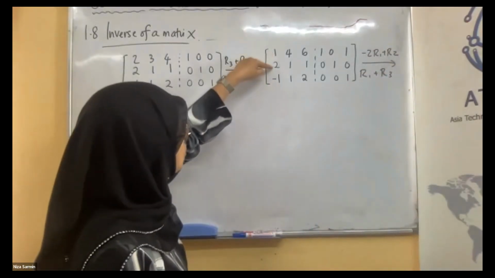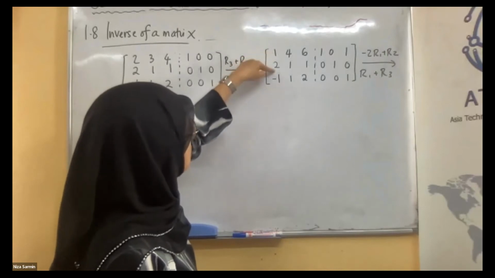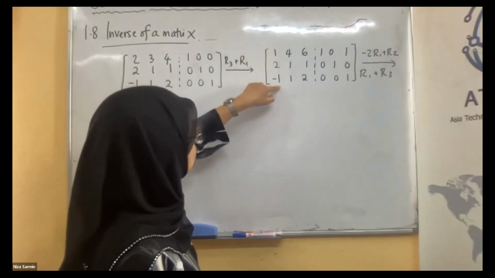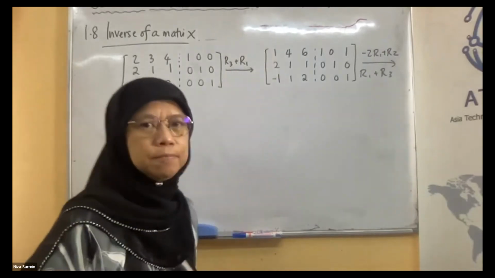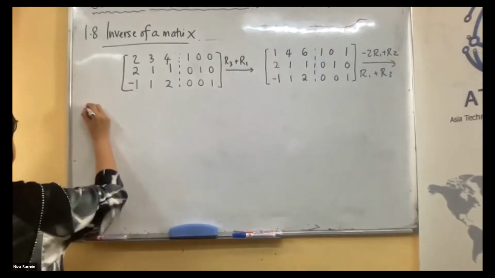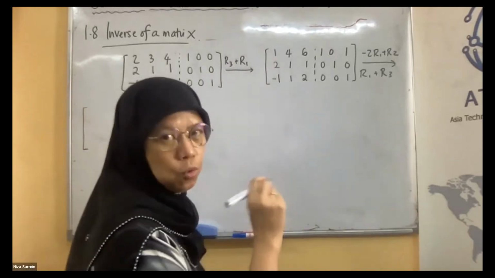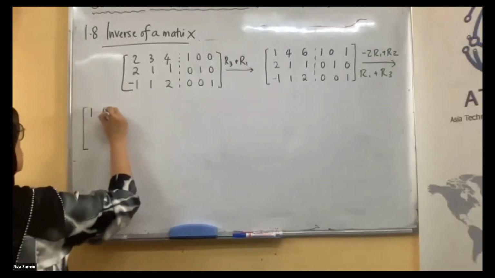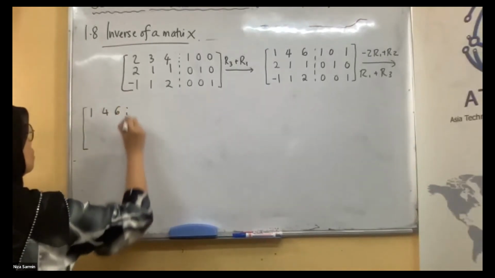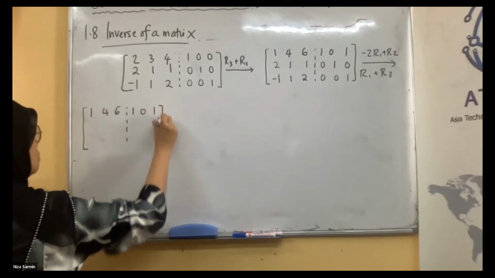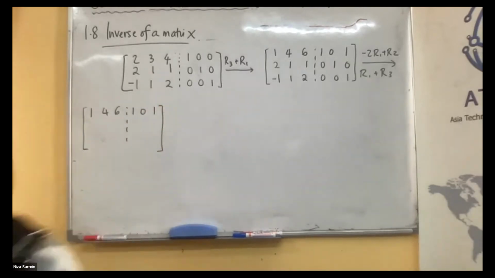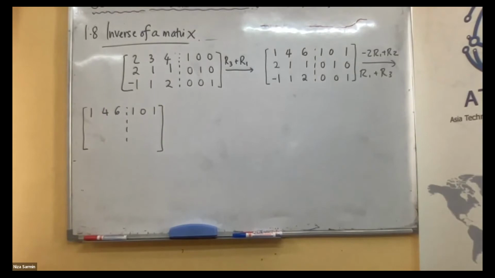-2 because this is 2. So -2 row 1 plus this. This is the same number already, 1, so just add. Now you don't change row 1, I copy row 1 as usual.